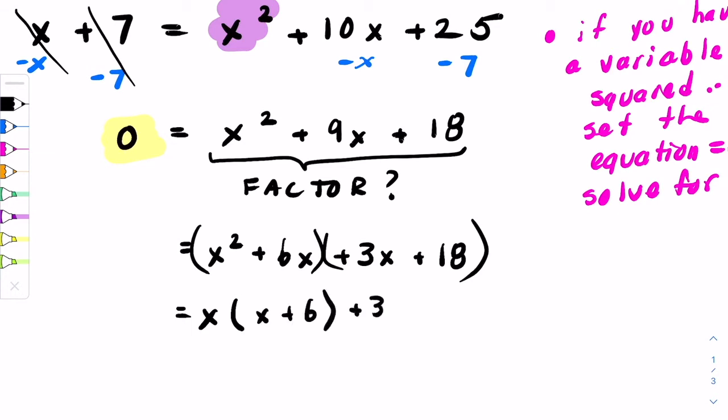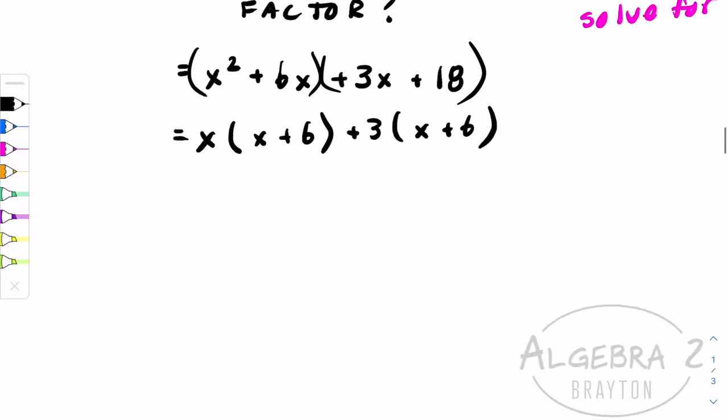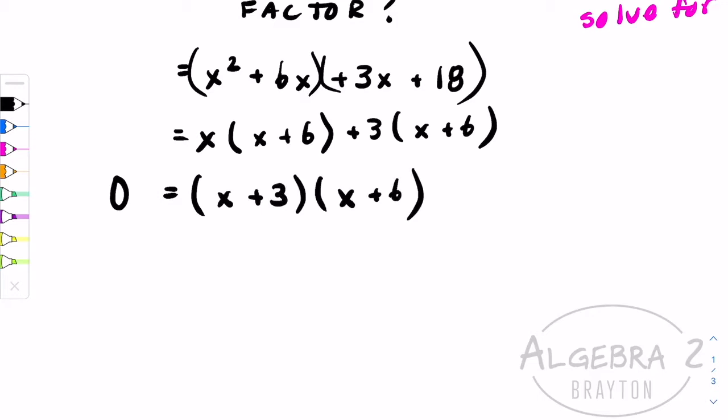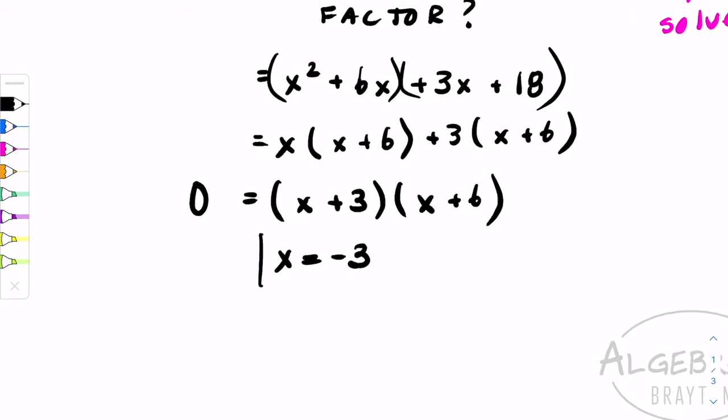Factor out a 3, x plus 6. We have 0 equals x plus 3 times x plus 6. And at this point, you set each factor equal to 0, giving you a solution of x equals negative 3, and also a solution of x equals negative 6.